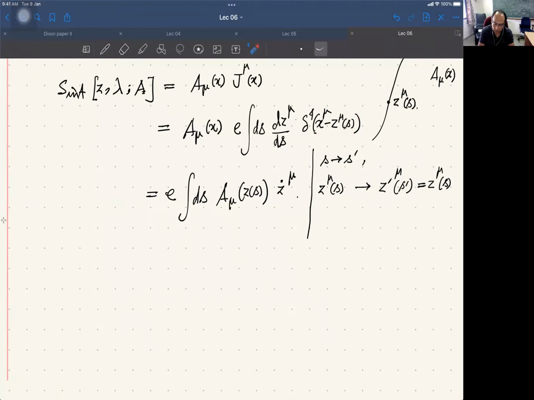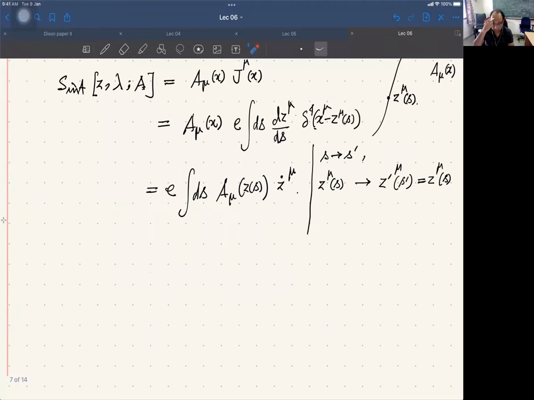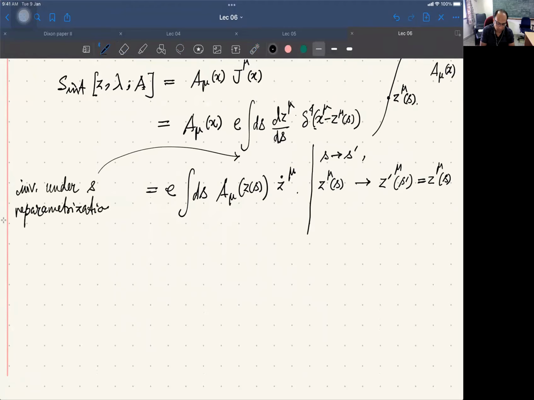So it is invariant under s reparametrization, which means this expression is invariant under s reparametrization without having to use lambda.